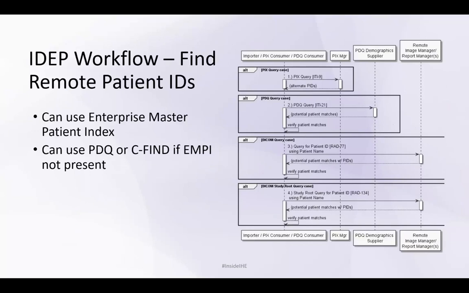But if you don't have that kind of shared resource available, the profile can also make use of a patient demographics query or even a DICOM query to look up the local patient IDs for the current patient. So again, this is one of the areas where shared infrastructure simplifies things, but it's not strictly necessary.